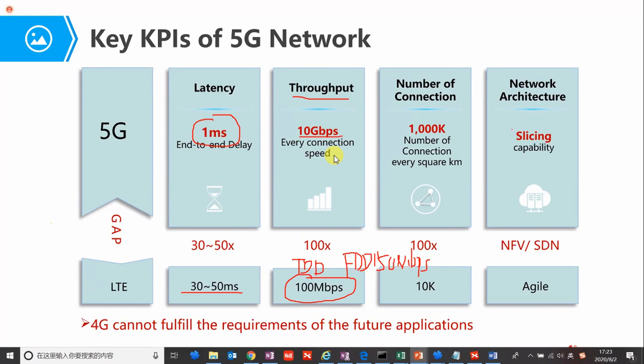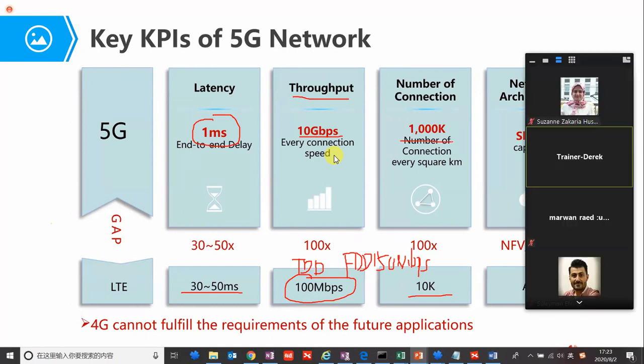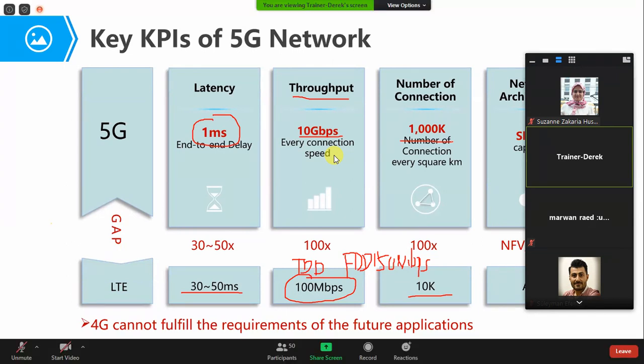For connections, LTE is just 10K, but our 5G can support 1000K, and the connection density is also much larger than 4G.